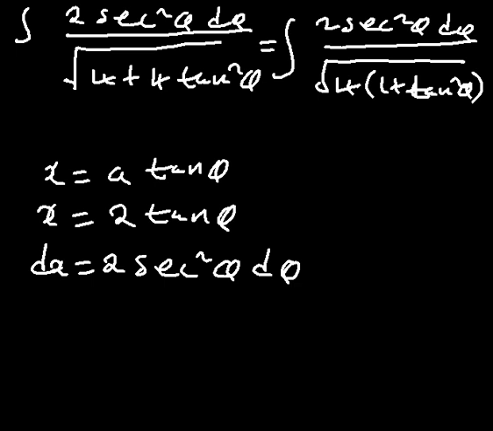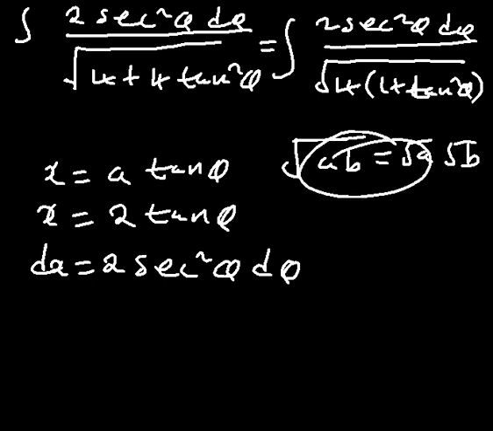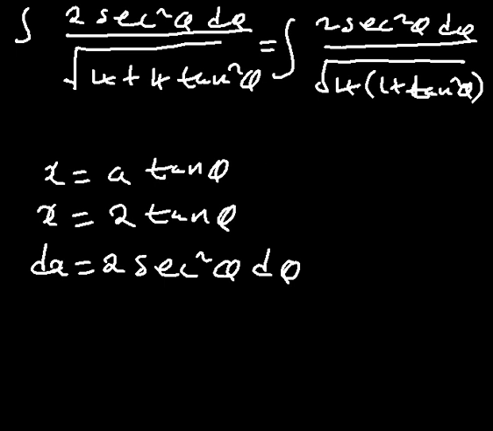Now we should understand that the square root of A times B is the same as the square root of A times the square root of B, according to the laws of indices, or the nth root properties.